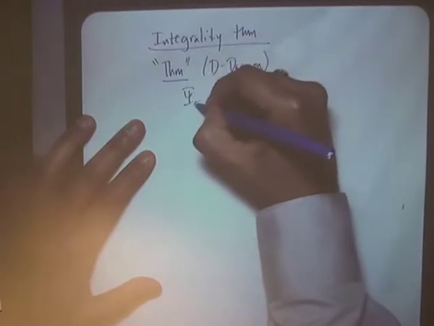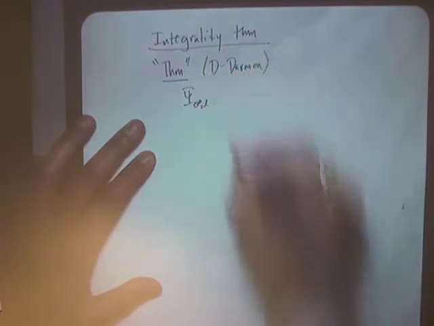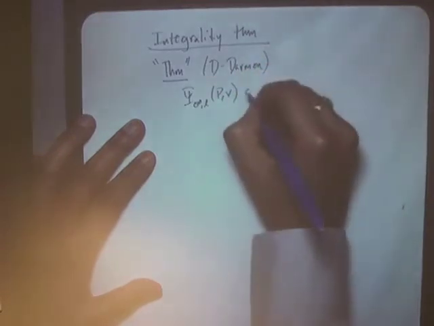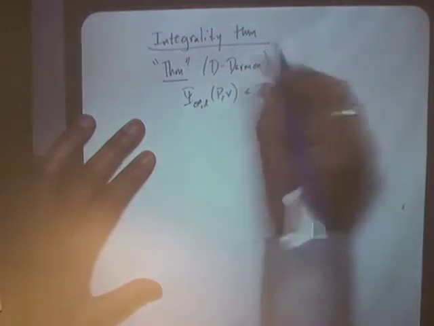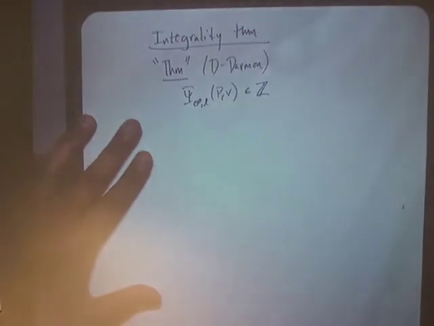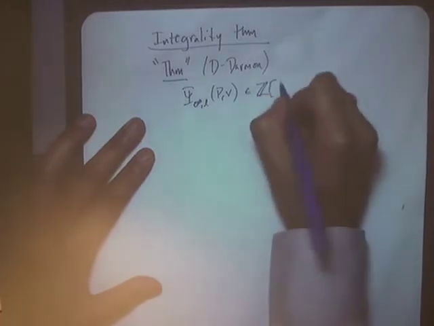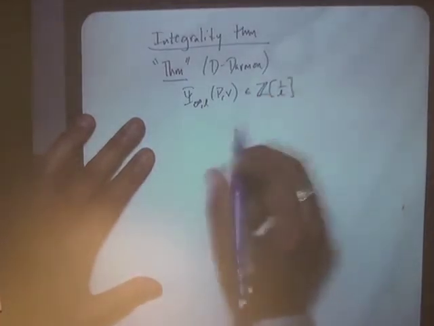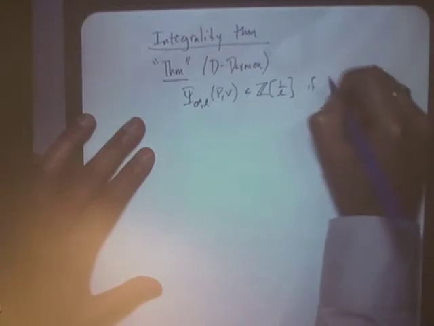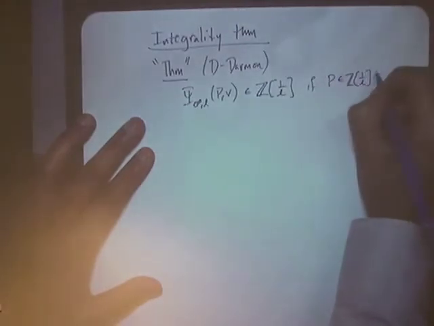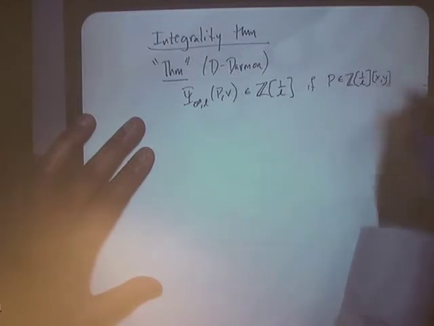The idea is that psi infinity L of PV actually is, okay, I've explained to you that these are just line integrals in the complex upper half plane. But not only are they rational, they actually lie in Z[1/L] if, first of all, the polynomial P has coefficients in that ring.